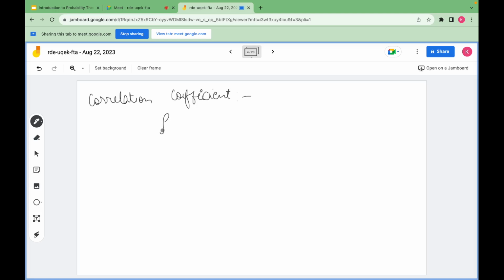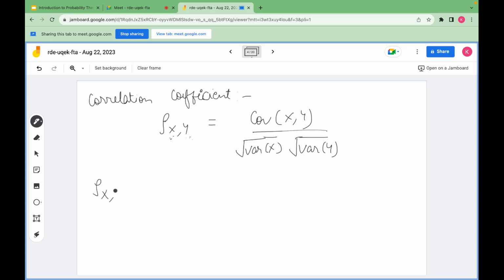This is denoted by rho of X comma Y. This is the correlation coefficient for two random variables X comma Y. This is nothing but the covariance between X comma Y divided by the root of variance of X and the root of variance of Y. So this rho of X comma Y will always be less than or equal to 1 in absolute value, and the correlation coefficient between the same random variable is always 1.